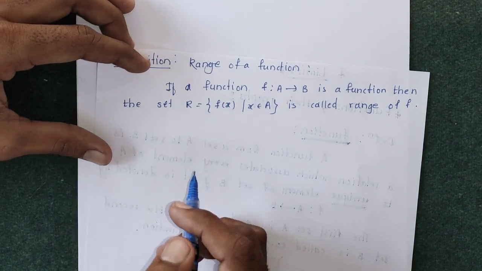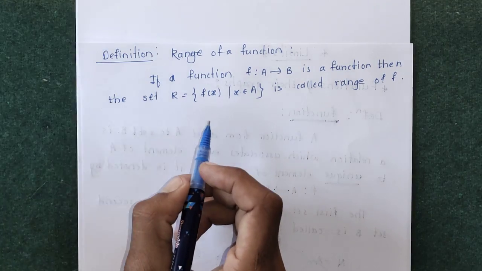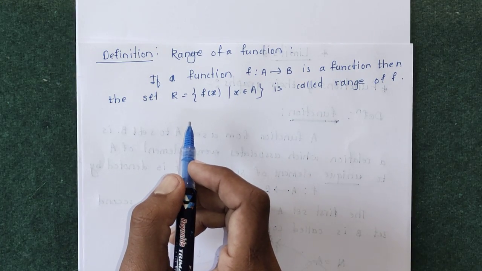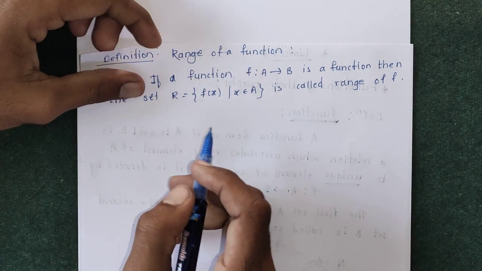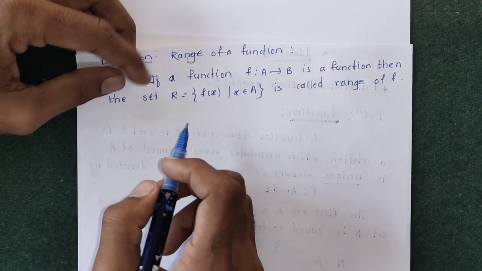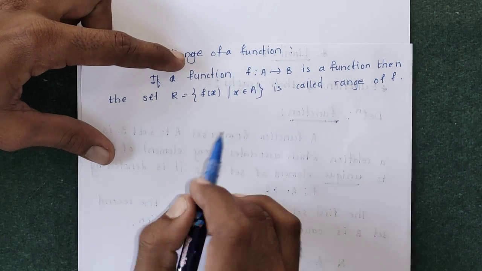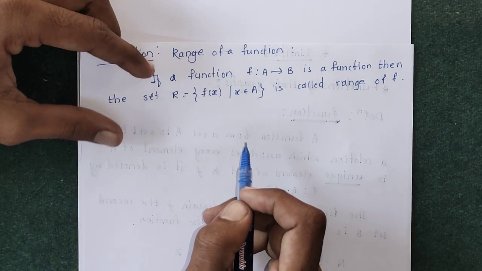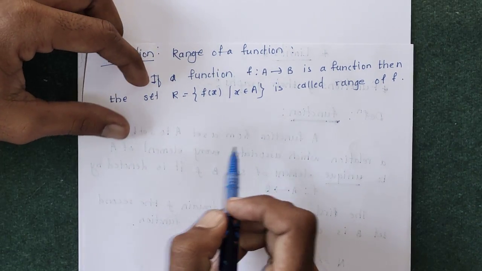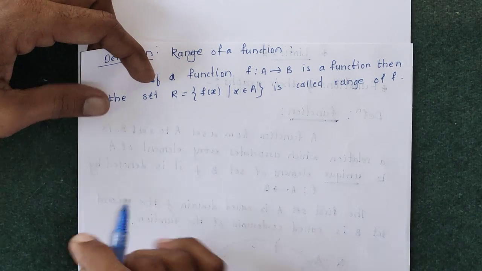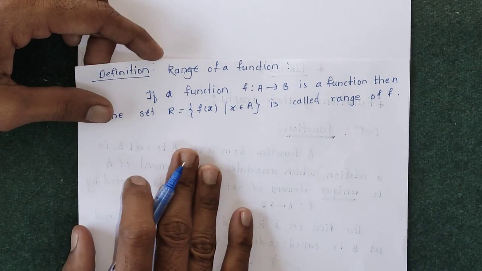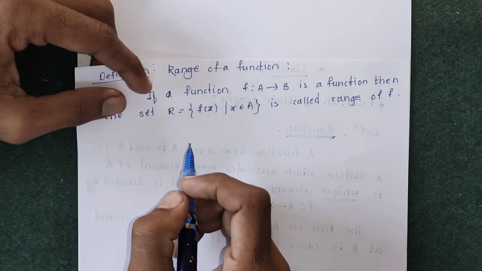Now we will take some examples to find the domain and codomain of the functions. Here we are dealing in real analysis, that is in real numbers. The square root of a negative number is a complex number, so we will not take the square root of a negative number. So first of all, we will take some examples to find the domain.